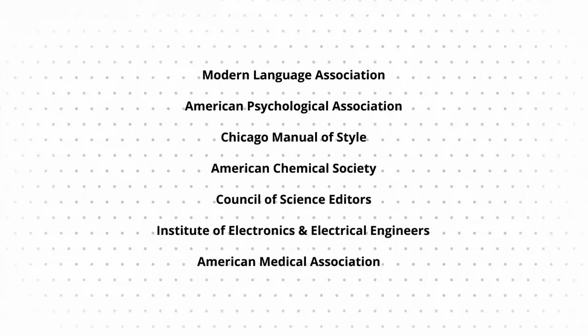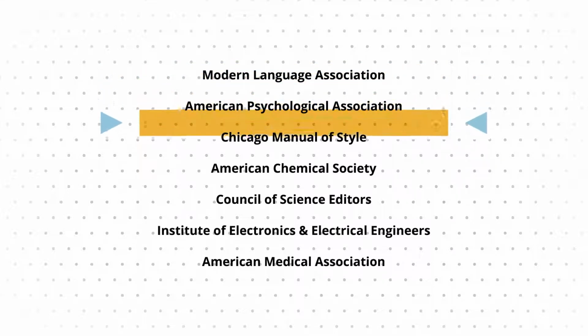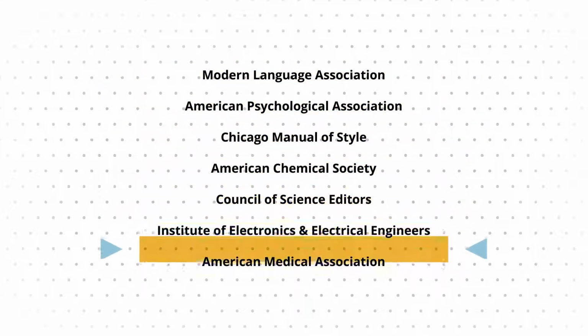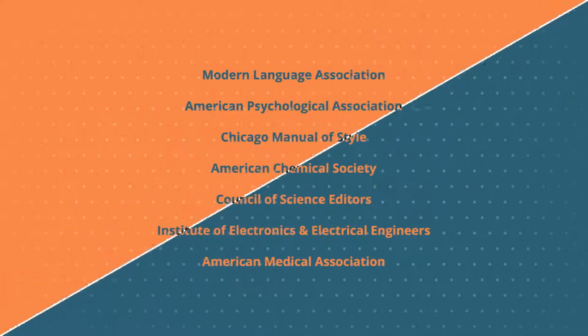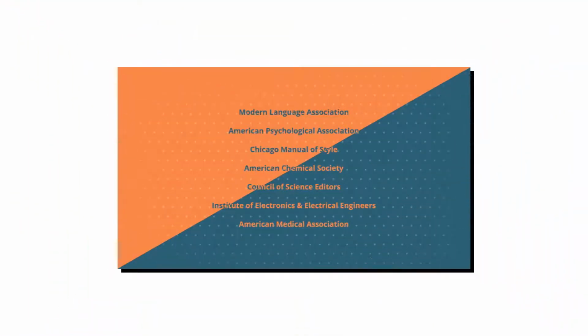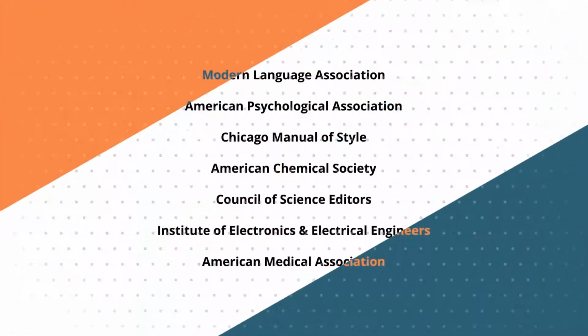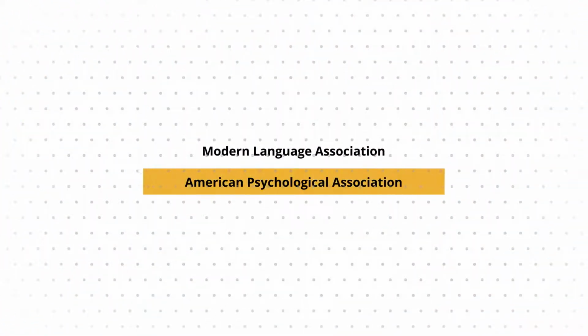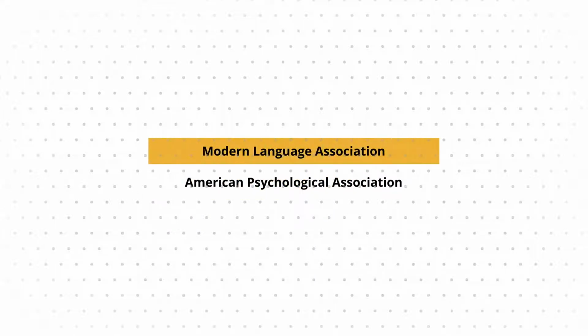The citation or referencing style you'll use depends on your professor's preference and the subject area you're writing about. There can be overlap between disciplines, so paying attention to your assignment's instructions is crucial. Two common styles come from the American Psychological Association, also known as APA, and the Modern Language Association, or MLA.